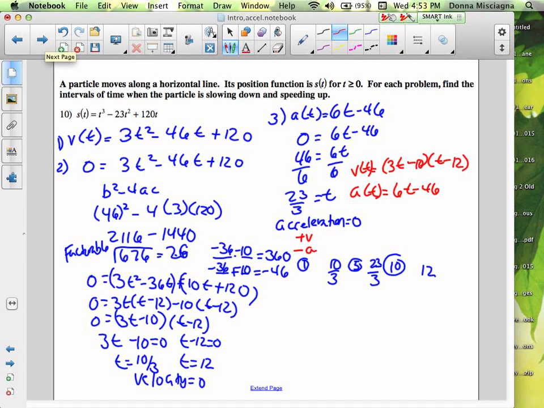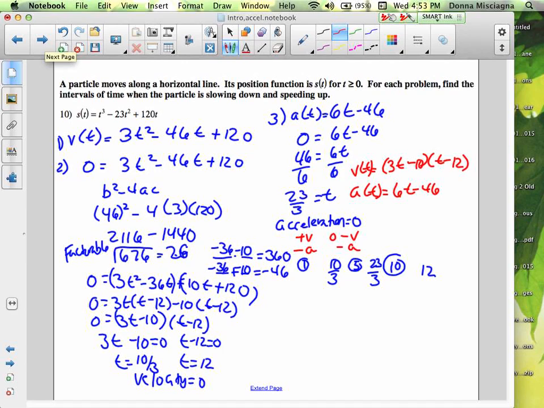Right? And so now let's plug in a value, because we know this would be 0 for one of them. In this case, it was 0 for the velocity. So let's try 5. So 3 times 5, 15 minus 10, that's going to be positive. 5 minus 12 is going to be negative. So velocity is negative. How about acceleration? So that'd be 30 minus 46. That's going to be negative as well.